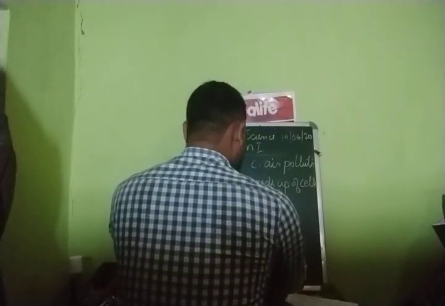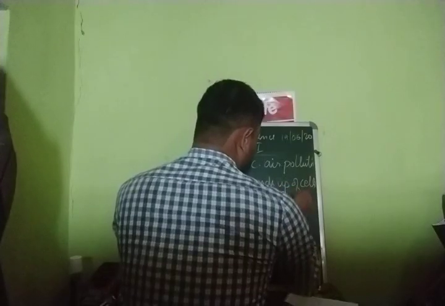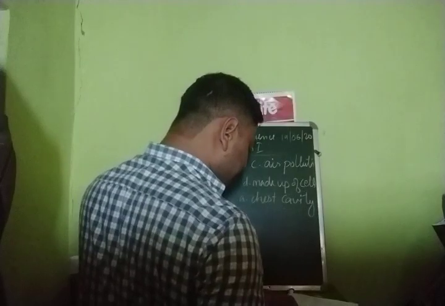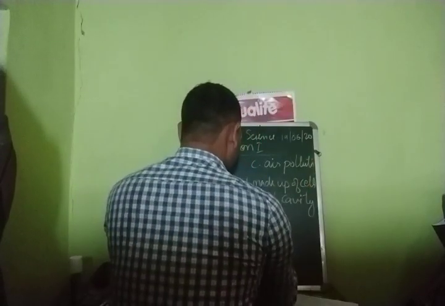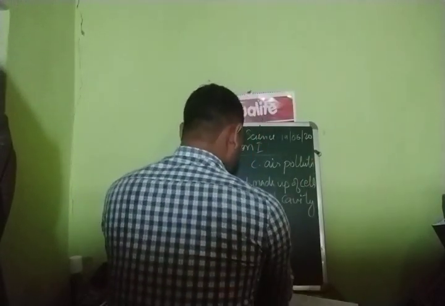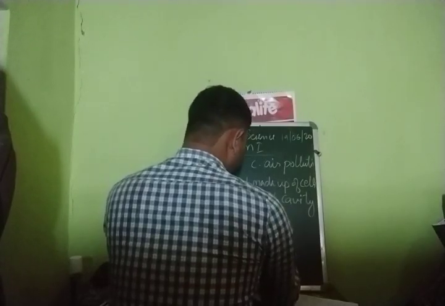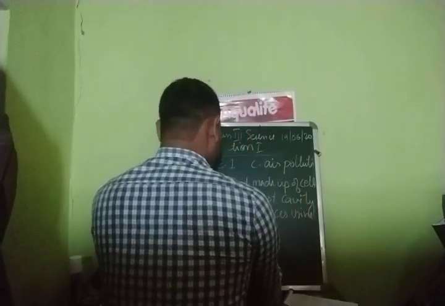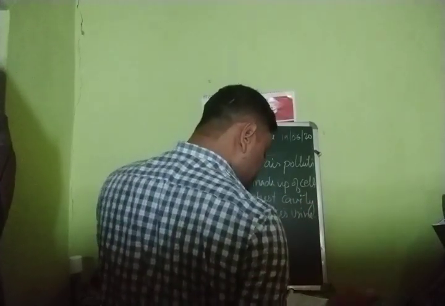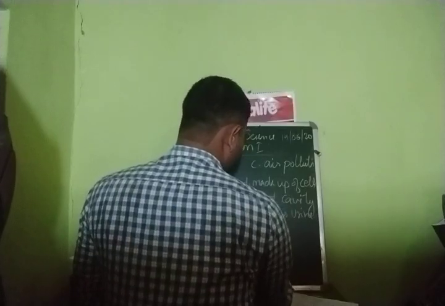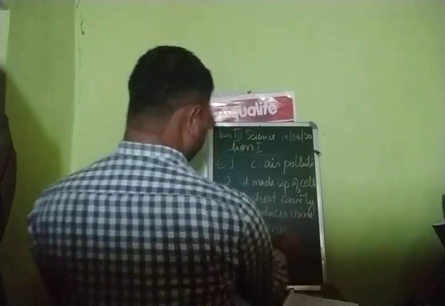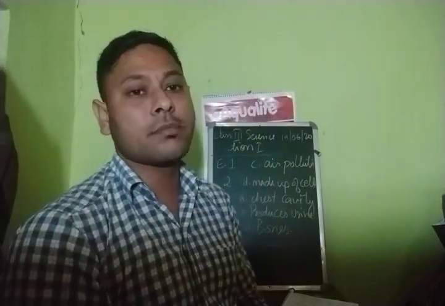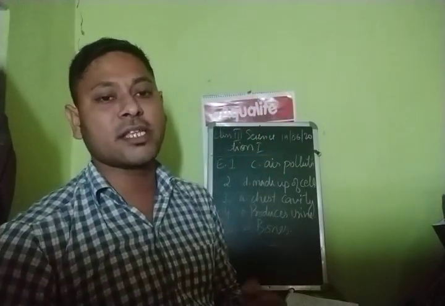Number A, chest cavity. Number 4, kidney, produces urine. Number E, produces urine. And number 5, skeleton. These are what? Bones. Number B, bones. So by this we are completing our chapter number 2 short answers, that is section A.